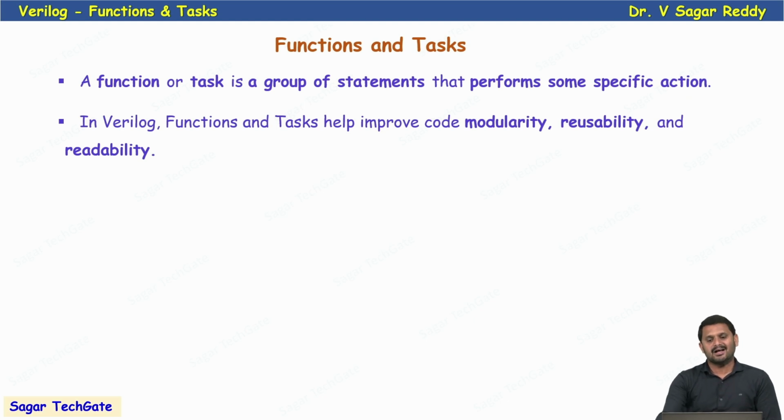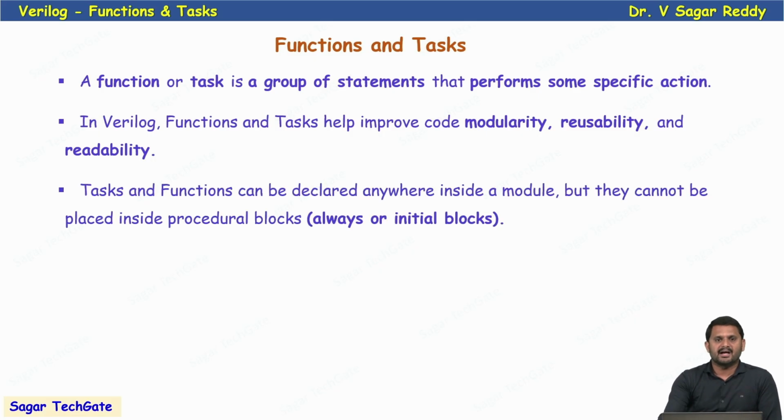A function or task makes code modular by breaking it into smaller blocks. They improve reusability because you can call them anytime instead of rewriting that code. And they increase readability by making the code easier to understand and maintain.